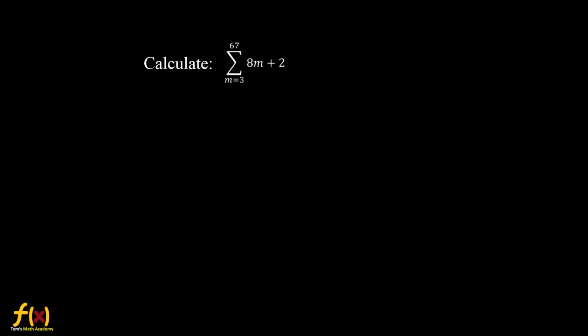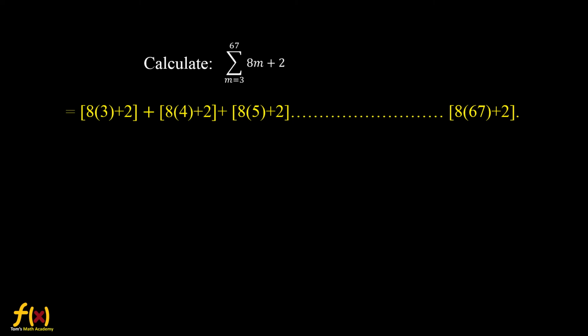Calculate sigma m equal to 3 to 67 of 8m plus 2. So here we have a lot of numbers. We are not going to write all of them and add. Instead, we find what sequence this is by writing 2 or 3 numbers.